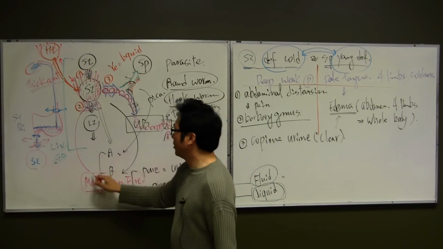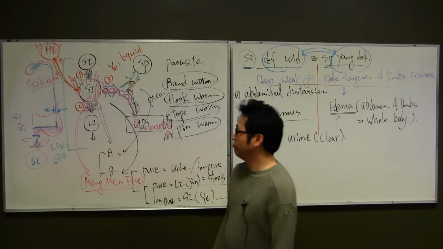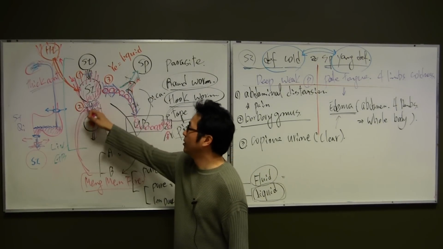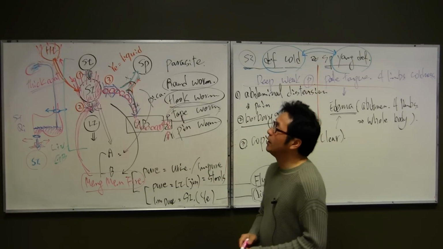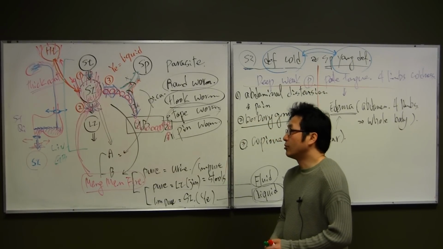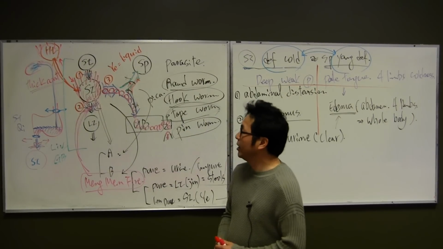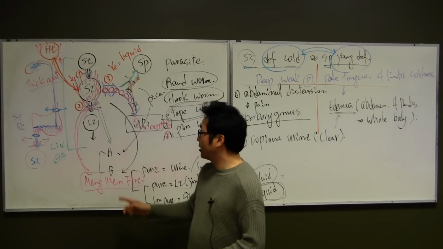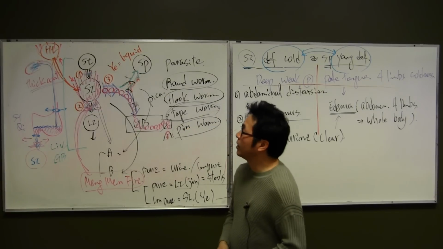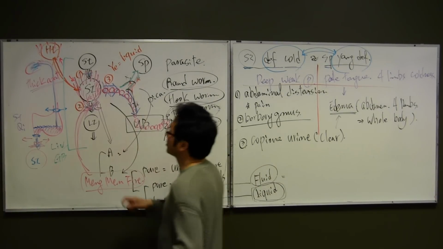How is this Mingmen fire transferred to the small intestine? It uses Sanjiao, which means the triple warmer. The triple warmer gives the pathway for the Mingmen fire to be transferred to the small intestine. And there's another organ, the heart.